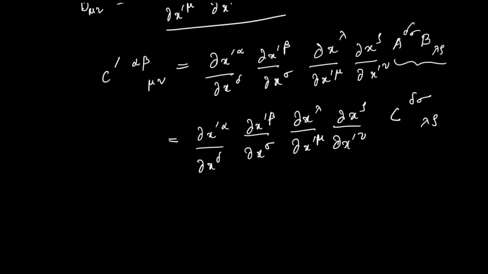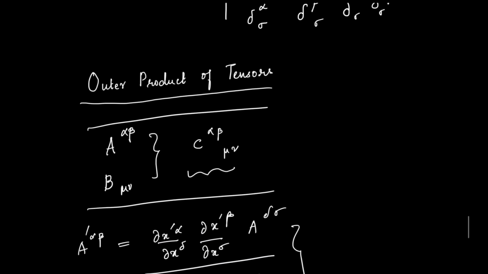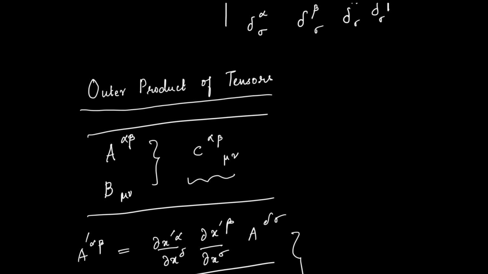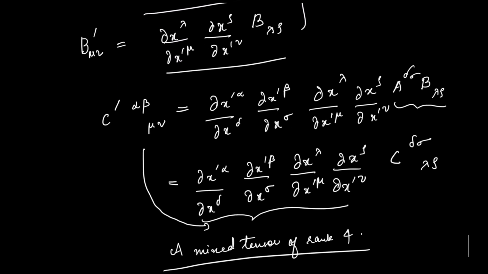And you can see that they transform like a mixed tensor of rank 4. So if you take the outer product of two tensors, one contravariant of rank 2, another covariant of rank 2, then the result is a mixed tensor of rank 4.